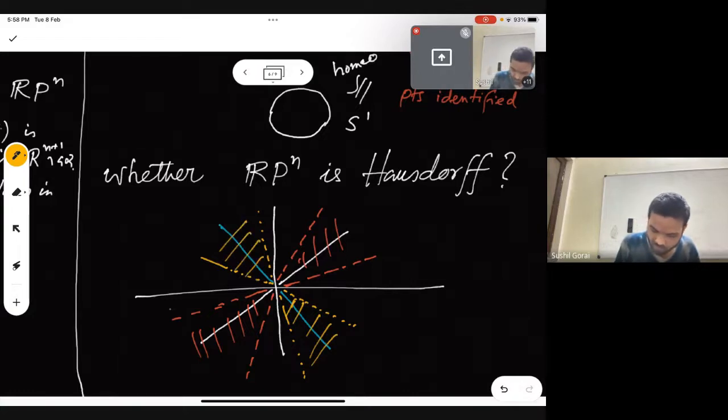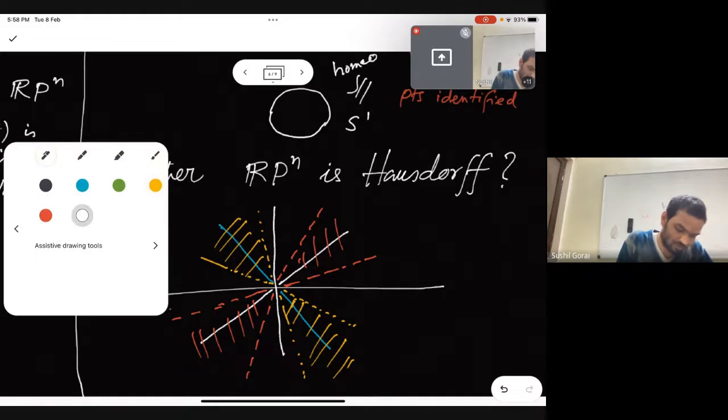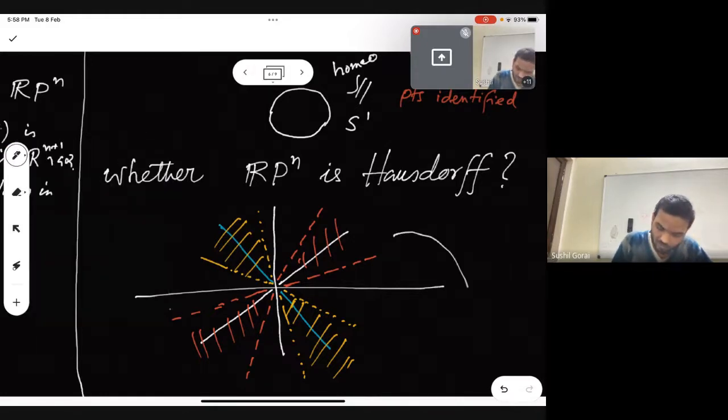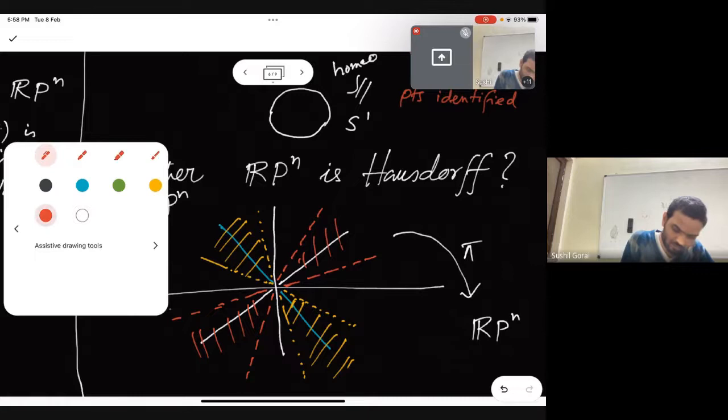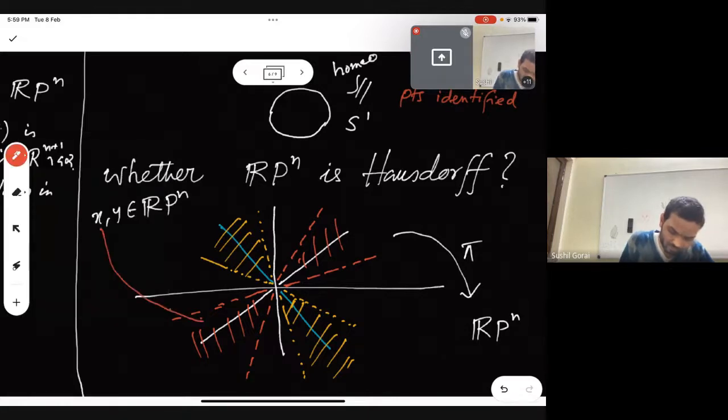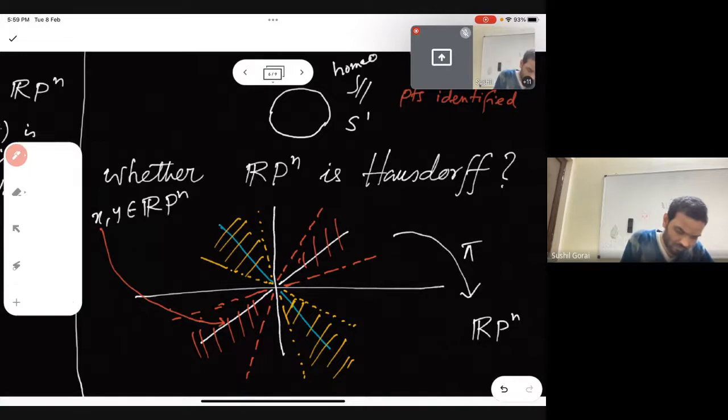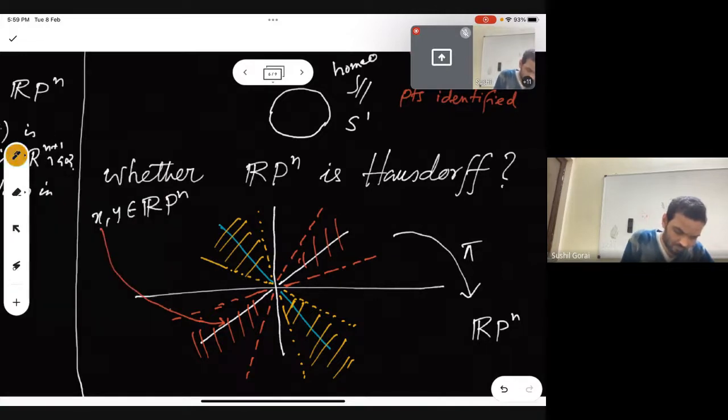Now open cones are open sets in Rn plus 1 minus 0, right? So these are open sets. Now there's a problem, right? You want to look at the image under pi to RPn. So x, y lying in RPn gives you two lines. x corresponds to this line, and y corresponds to this line.